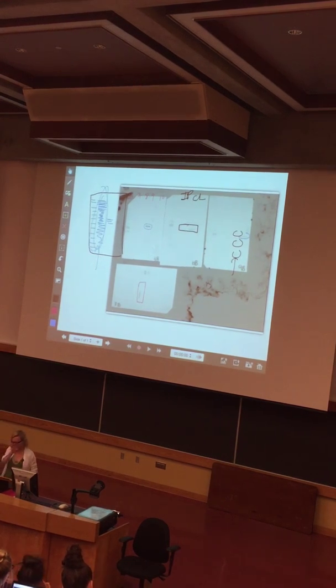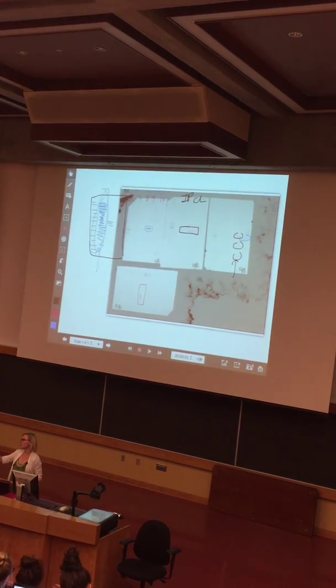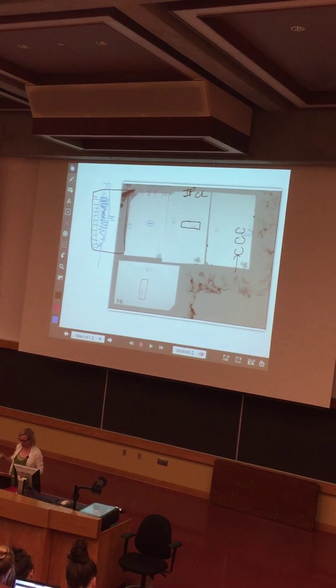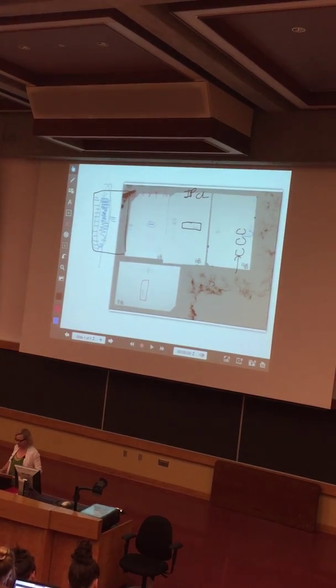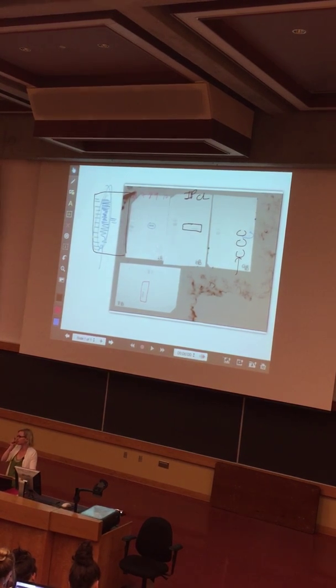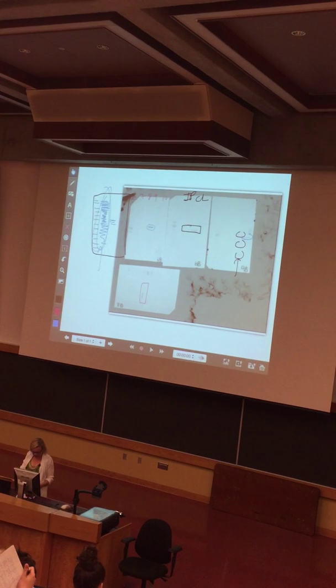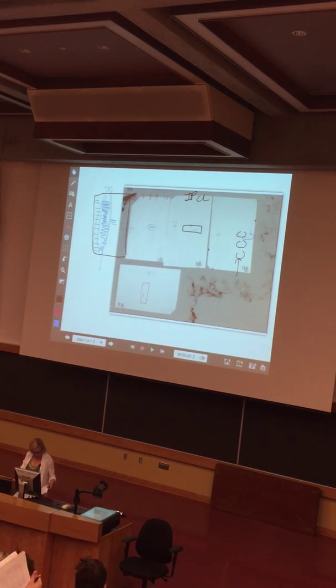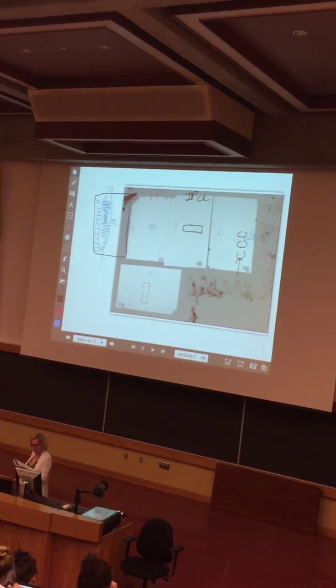So you can talk about your Coomassie, then your post-transfer gel, then your Western, and then you can compare them as well in terms of what was happening and what you were doing, okay?